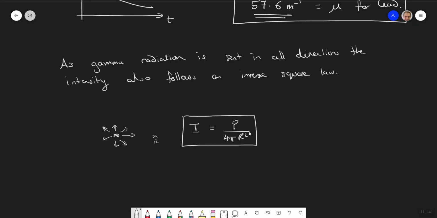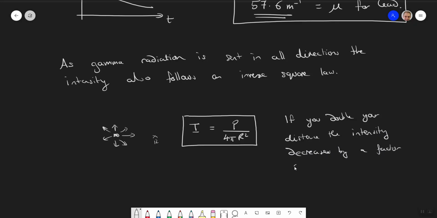What that says is that if you double your distance, the intensity decreases by a factor of 4. And that's how that works.